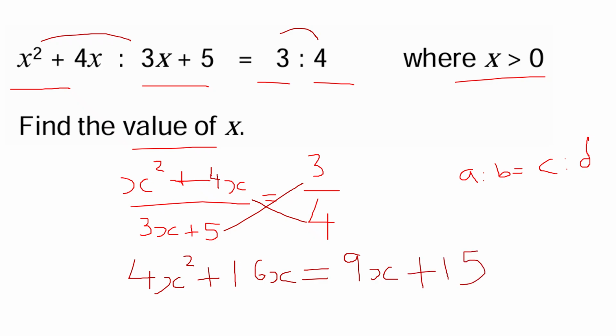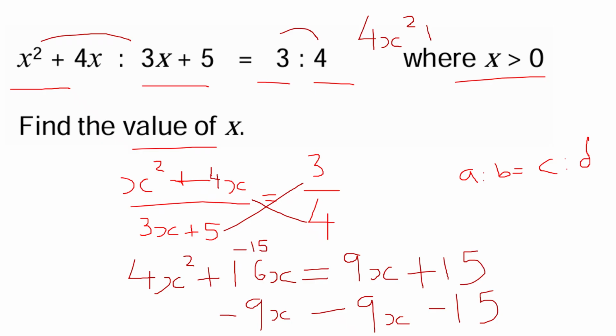When I do that, we get a quadratic, which is 4x squared, 16x minus 9x makes positive 7x, and minus 15 is equal to 0.